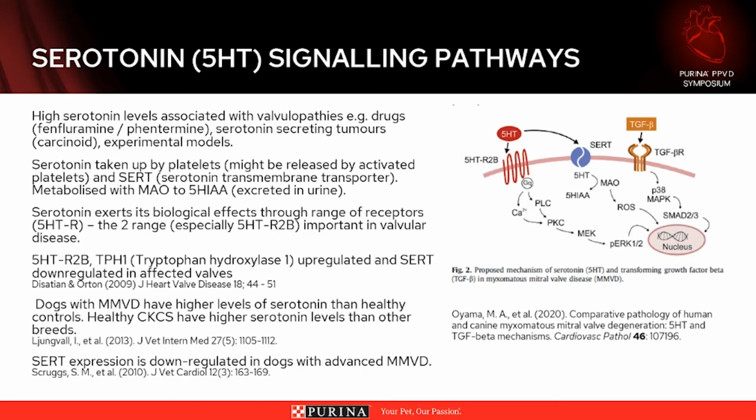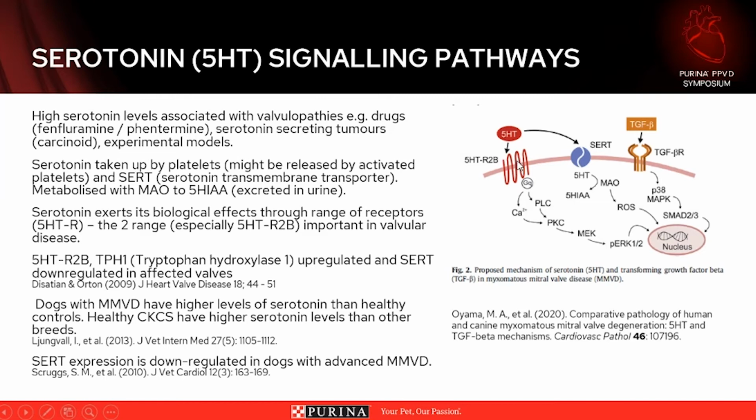So serotonin itself, if we've got free serotonin, that serotonin is produced from tryptophan by tryptophan hydroxylase. Once we have serum serotonin, it can have various effects. It can be taken up by platelets first of all, but it could also act on your serotonin receptor, which is your 5-HT, and in the heart valves, it's your receptor 2B.